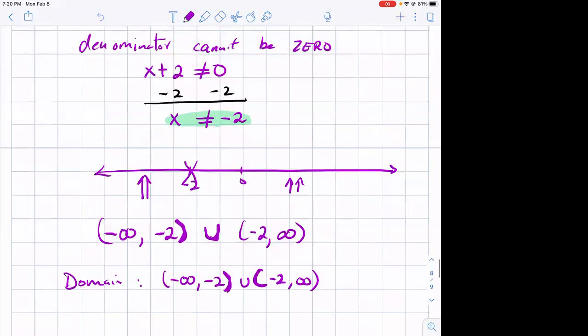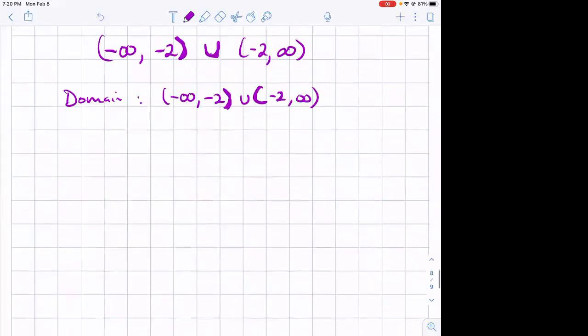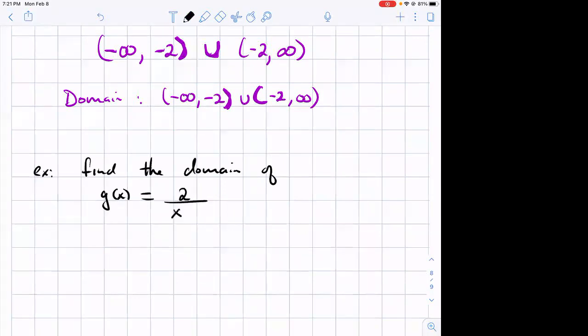Now, how about if we look at another example? Suppose I tell you, example, find the domain of g of x equals 2 over x minus 1. You probably can look at this and say, well, if x is 1, there's a problem.